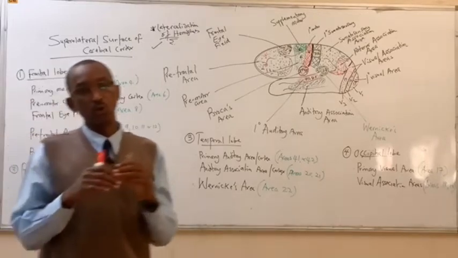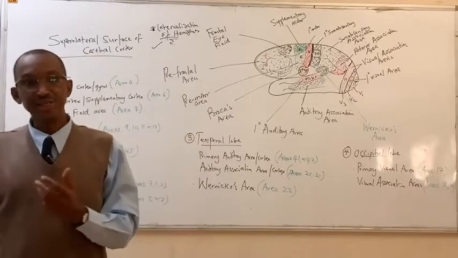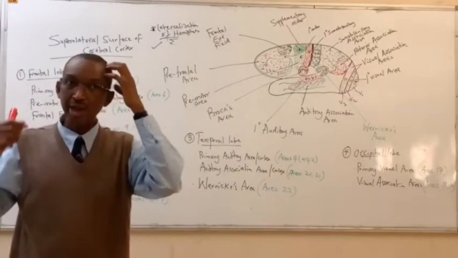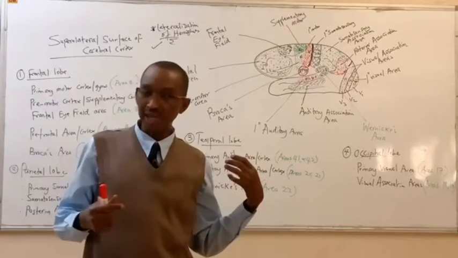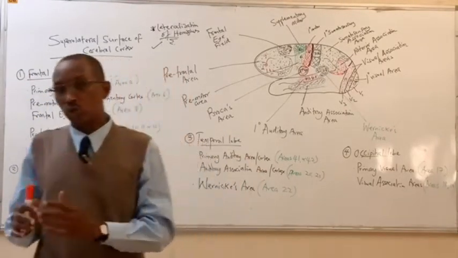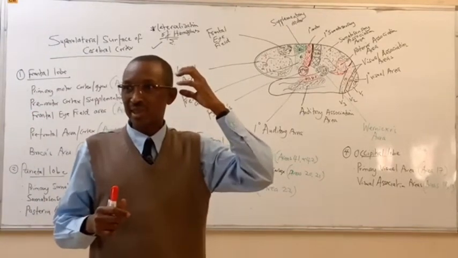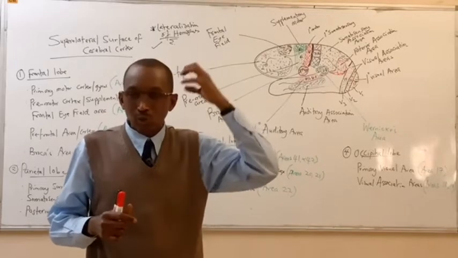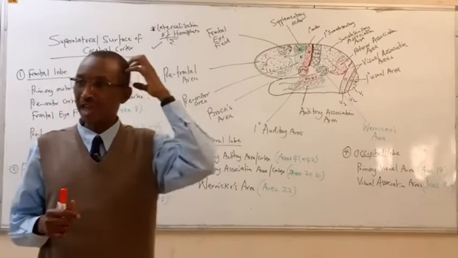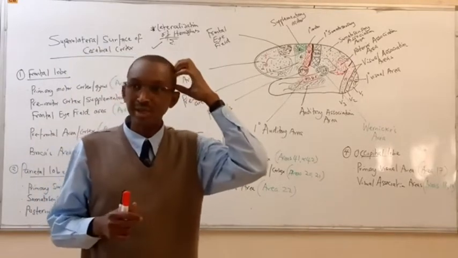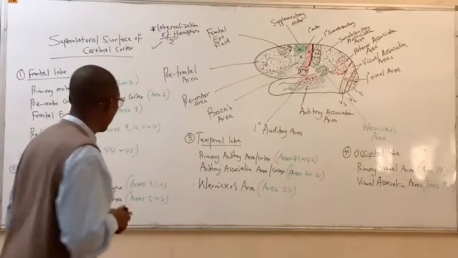What I was trying to say in essence is that even though the left cerebral hemisphere controls the right side of the body and the right cerebral hemisphere controls the left side of the body, there are other functions that are completely localized in one cerebral cortex. For example, the left cerebral hemisphere is accepted as what we call the dominant hemisphere. What do you mean by dominancy?